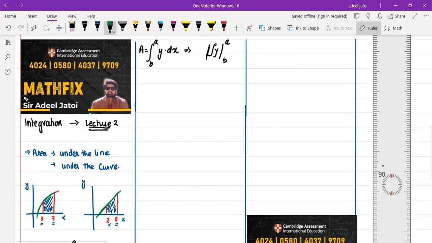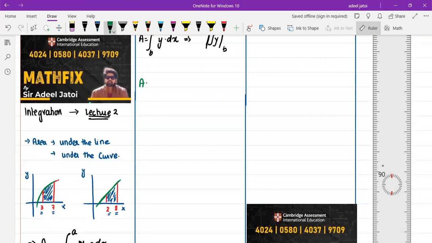Let's say, for example, your upper value is 4 and your lower value is 2, and your y equation is x dx. So what does it mean? That means this x represents the equation of the curve.